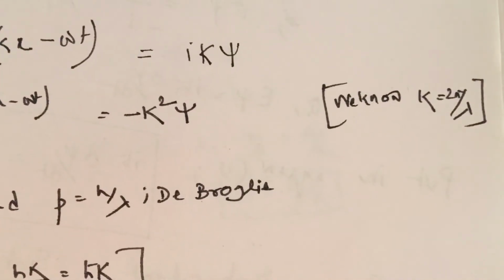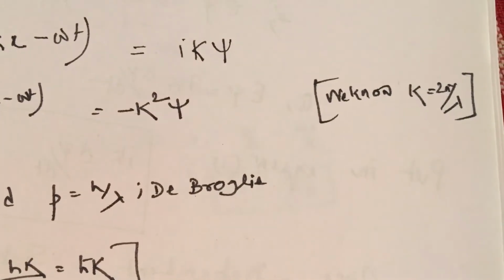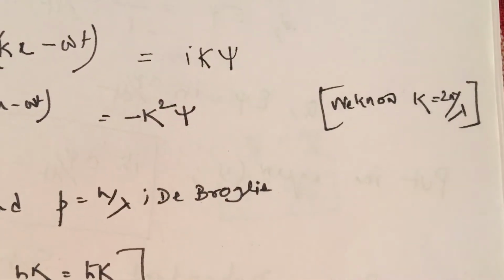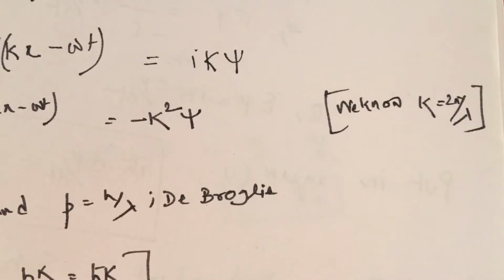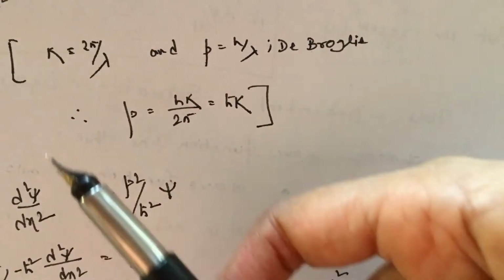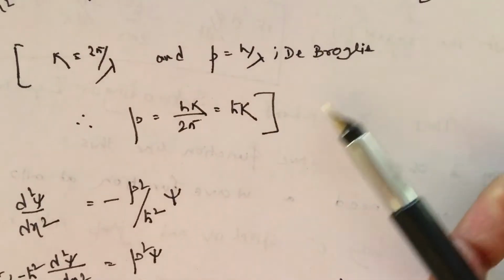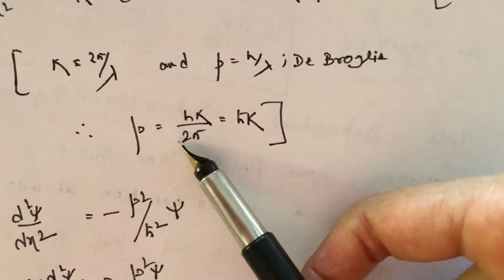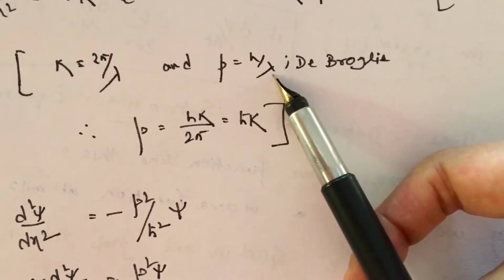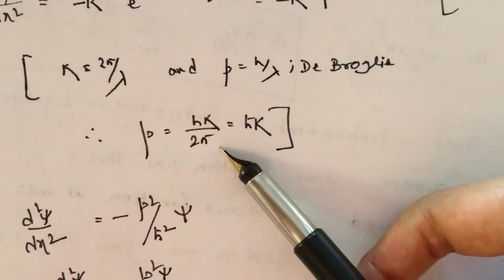What is k? We know that k is known as the wave number, and k is equal to 2 pi by lambda. The introduction of k and the wave number is given in my wave video. Now as k equal to 2 pi by lambda and p equal to h by lambda, which is the de Broglie relation, we can write lambda equal to 2 pi by k.